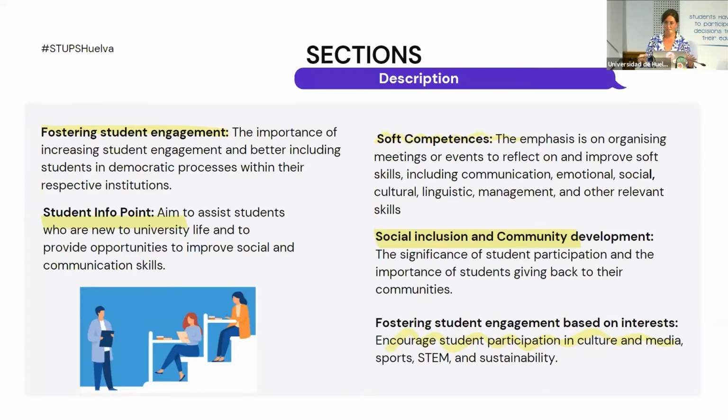All those things are covered in this category of soft competencies. Then we have, for example, the student info point, which basically covers practices that assist new students, or students who are already in the university, to improve their social and communication skills when they are living in the university community.